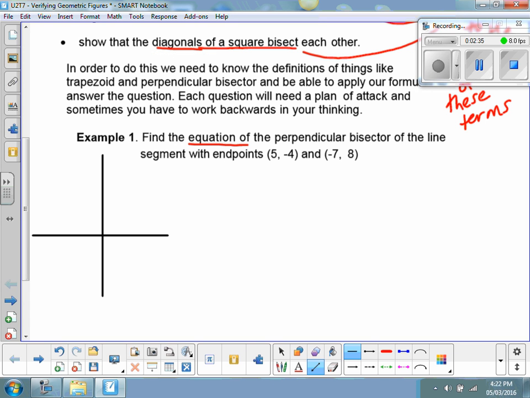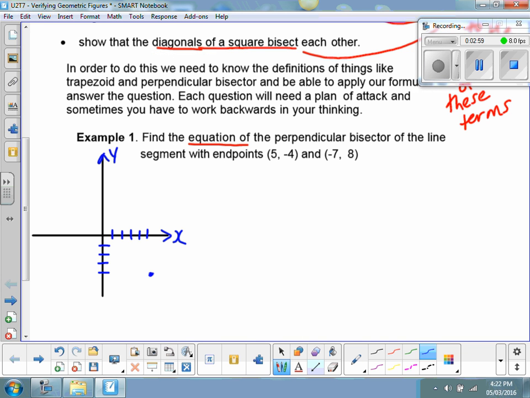So I've got my y and my x. One of my endpoints is at 5, -4. 1, 2, 3, 4, 5. 1, 2, 3, 4. And remember, this doesn't have to be a perfect picture. We just want to get a picture of what it kind of looks like here.